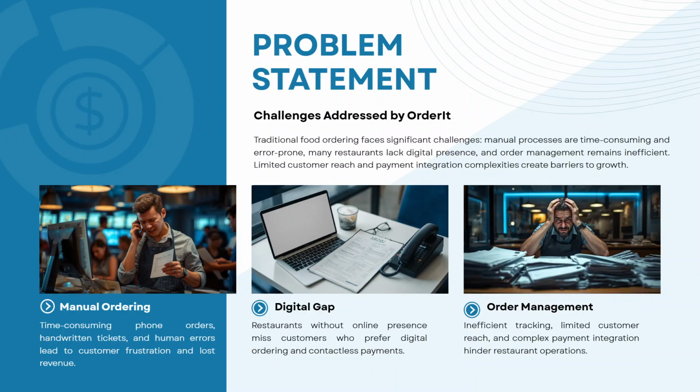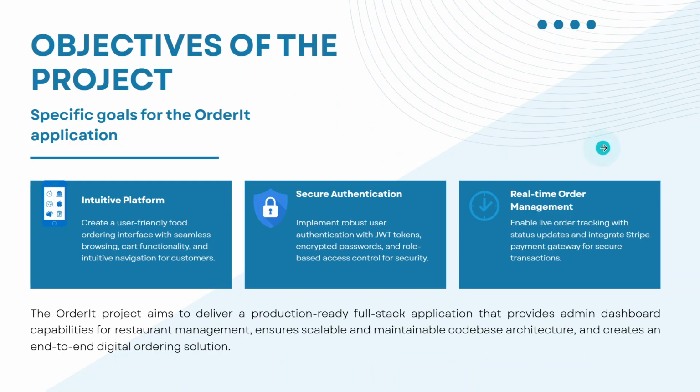Additionally, many small and medium restaurants do not have a proper digital platform, which limits their reach to customers who prefer online ordering. Another challenge is order management and payment handling, which can become complex without a proper system. So the goal of this project is to bridge the digital gap by providing a complete online food ordering solution that is efficient, accurate, and user friendly.